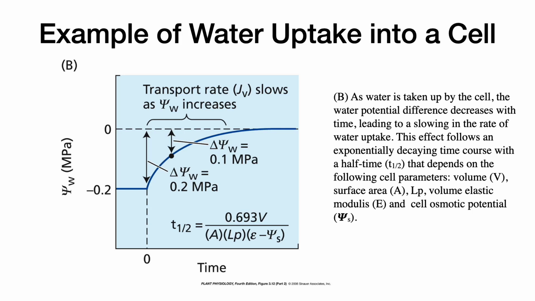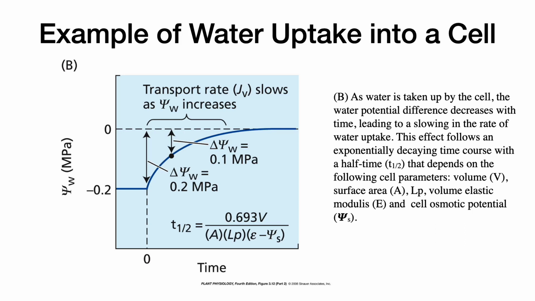Why is this important? Because later on we can use it to measure the hydraulic conductance or conductivity of a system and determine why water uptake in one plant might be faster than another, due to the resistance or conductivity of the pathway. This formula here, which we really won't deal with, I give here just for those who are really nerdy and want to know how to figure these out.